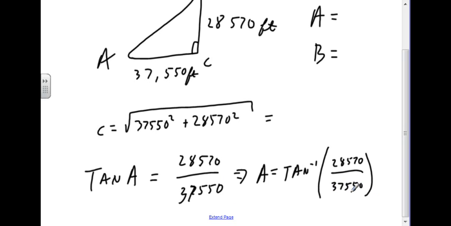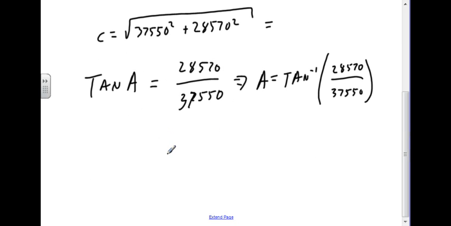Okay, so arctangent of 28570 divided by 37550. I got some answer.